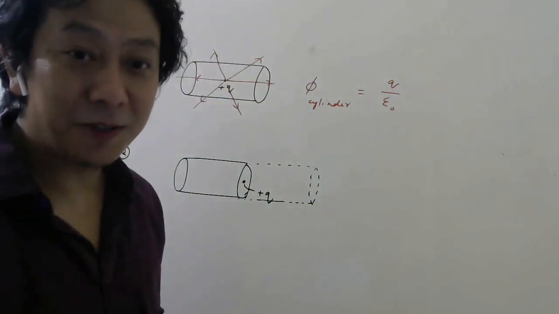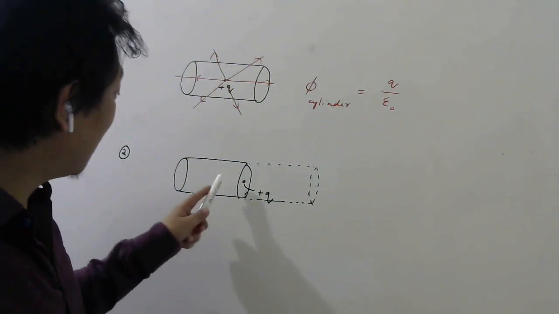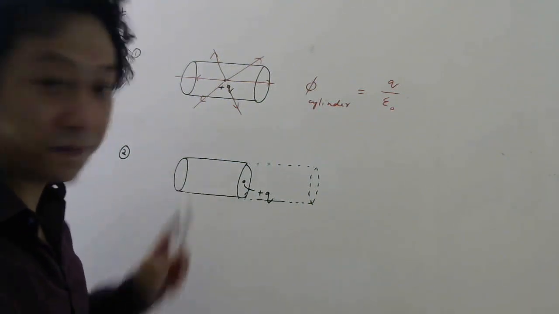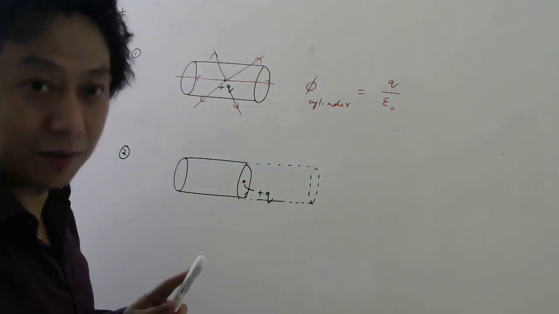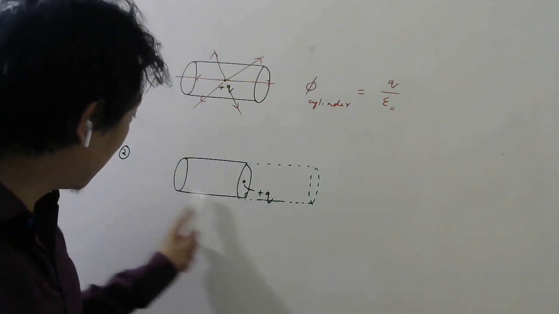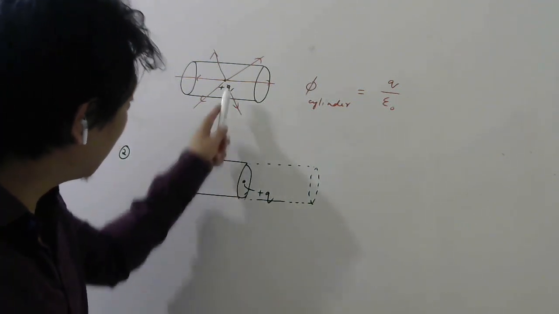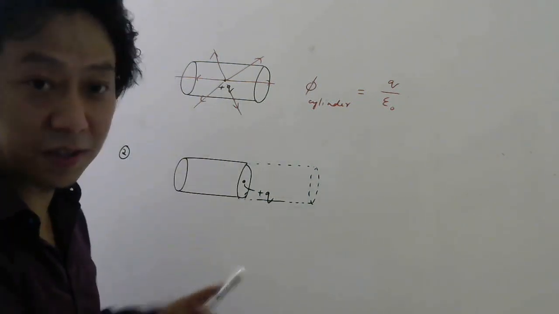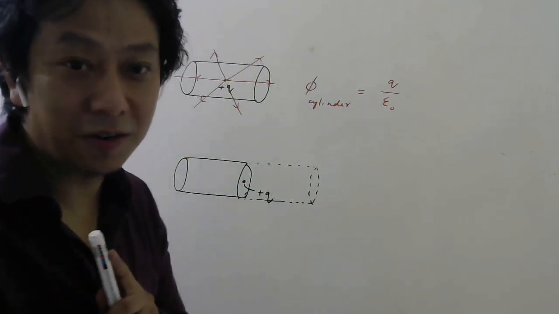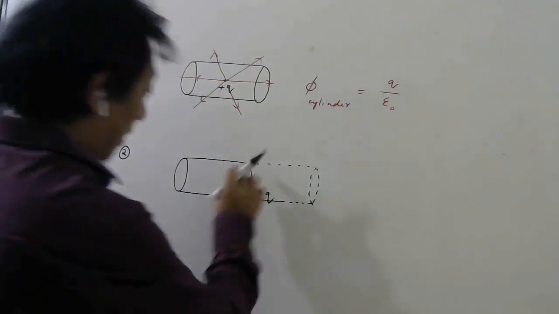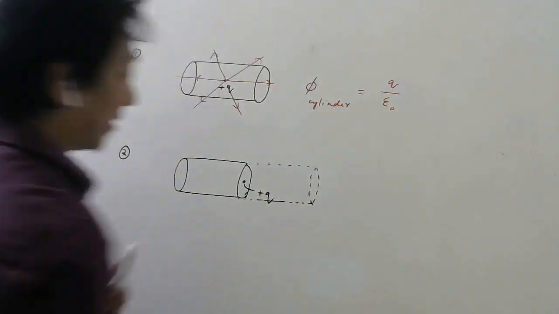So the actual question was what? To find the flux through this cylinder, when a charge is not inside but on the surface. That we cannot do directly using Gauss law. So what I did, I made another identical cylinder this side.